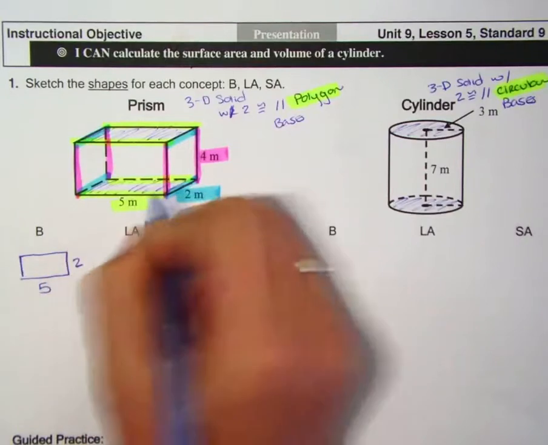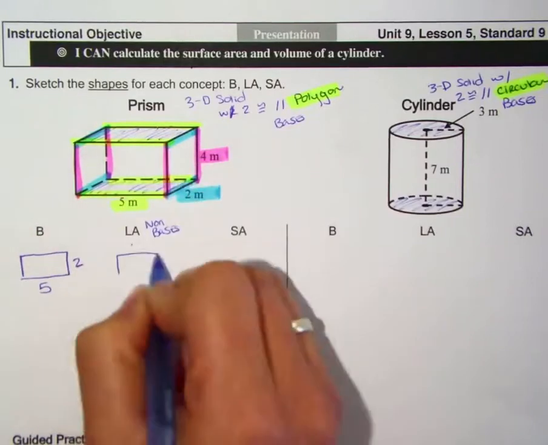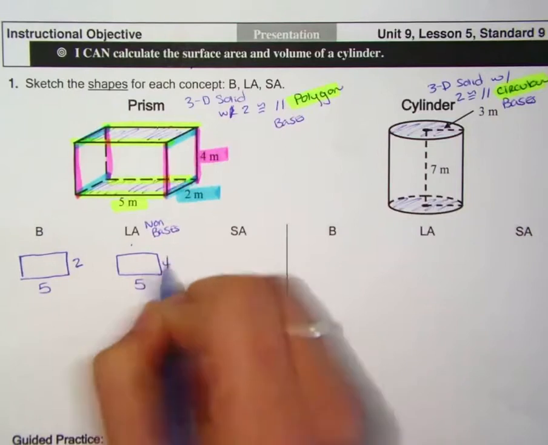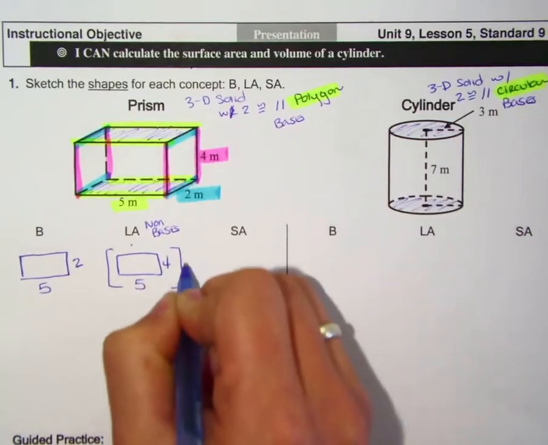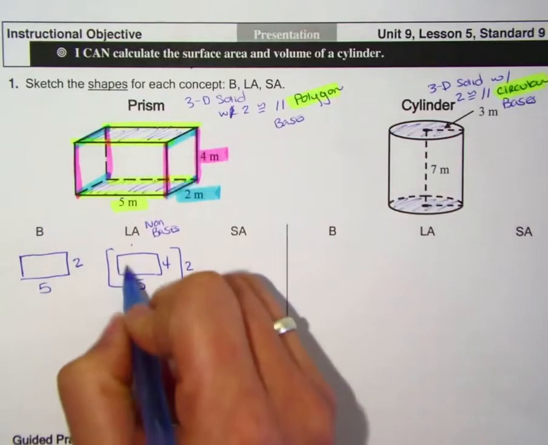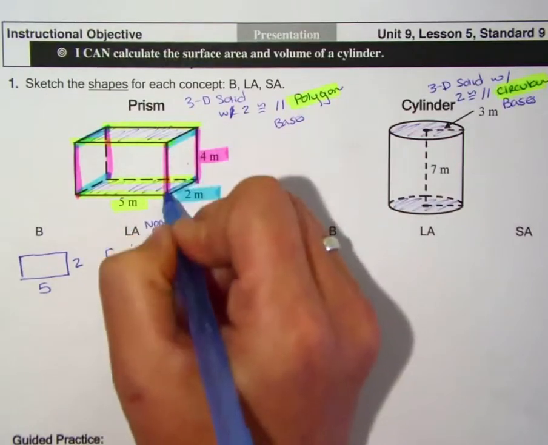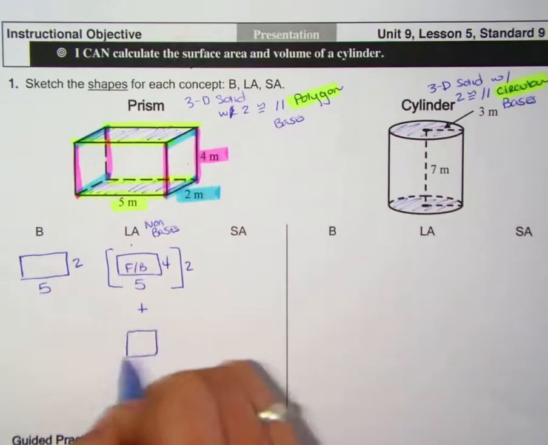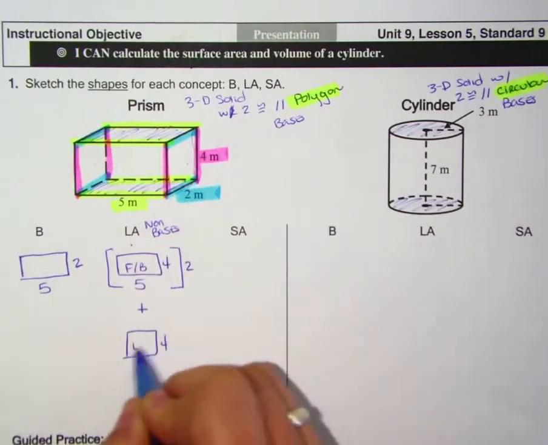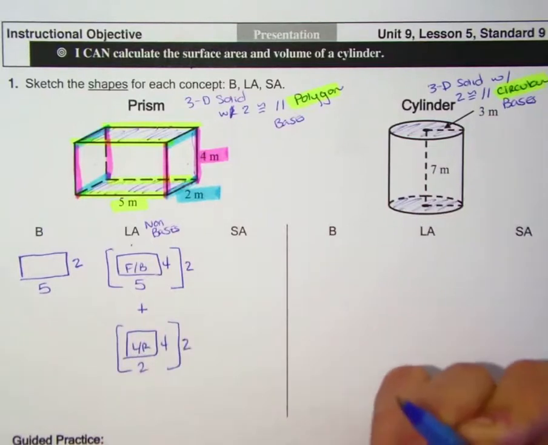So if the base is the 5 by 2, then this front one, yellow by pink, is 5 by 4, and there are two of these, the front and the back. We'd add the left and the right, which are pink by blue, which are 2 by 4, and again, there are two of them.